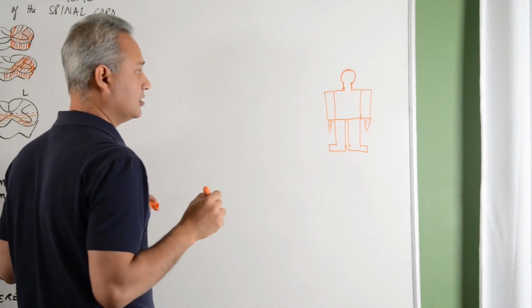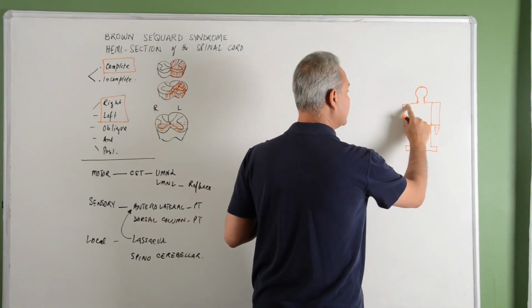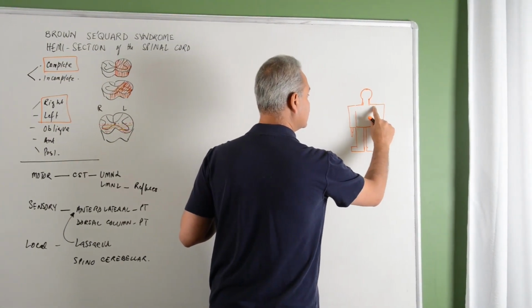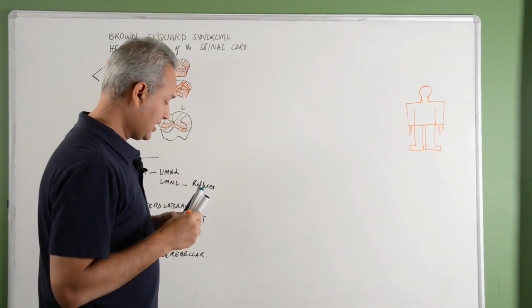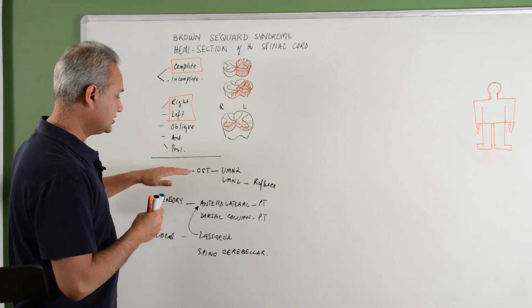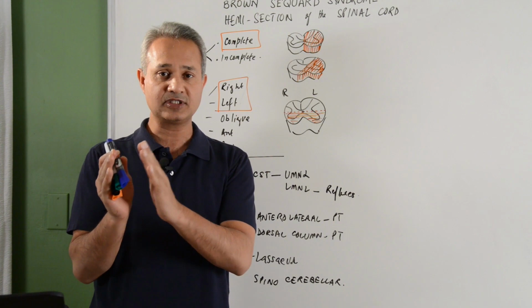So this is a human, and we would see what is the effect on this person as a particular spinal segment is destroyed. Now what you have to remember is that as you talk about these tracts, you also talk about what happens on the same side and the other side.